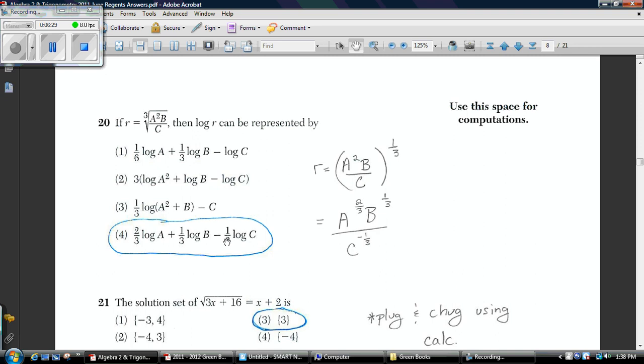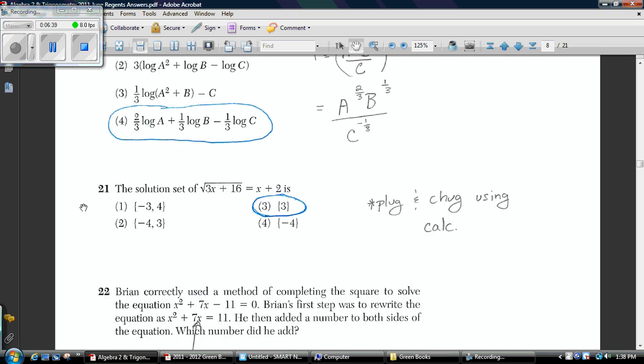And division in logarithmic language is subtraction with this down in front. You could even see negative 1/3 right there. So that's it. The solution set, honestly, you could try and square things up and factor and solve and do all that good stuff, but why bother? This is just easy, plug and chug your way through it, find the one that works, and that's it.